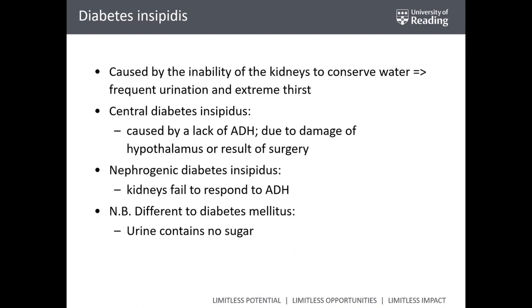So there is a form of diabetes called diabetes insipidus, which is caused by the inability of the kidneys to preserve water. So we frequently urinate and we are always thirsty. Okay?